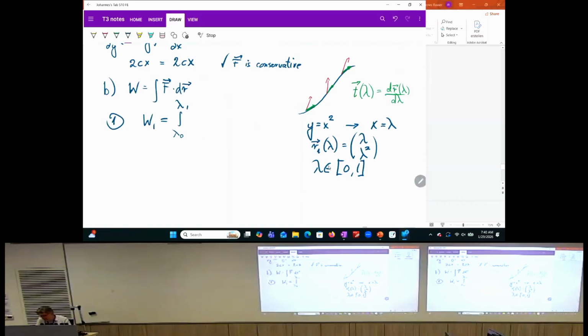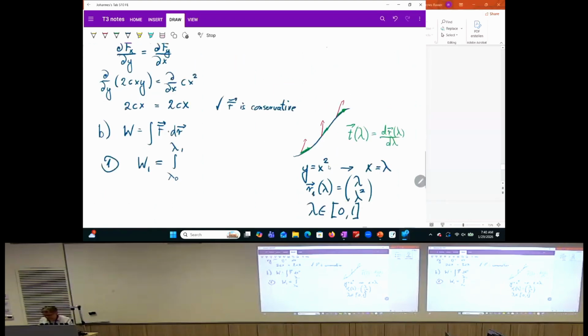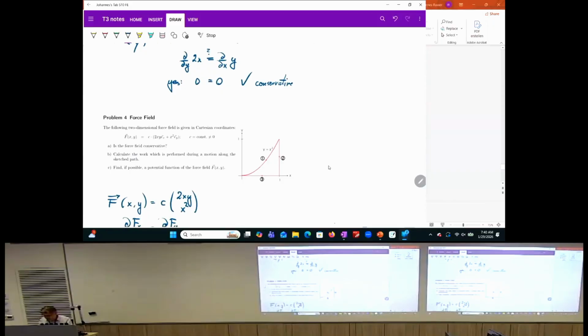What we have done is, earlier we follow this line, and we have a function of y and x, y is equal to x squared. We would like to have a single parameter that we integrate. So we want to parameterize it.